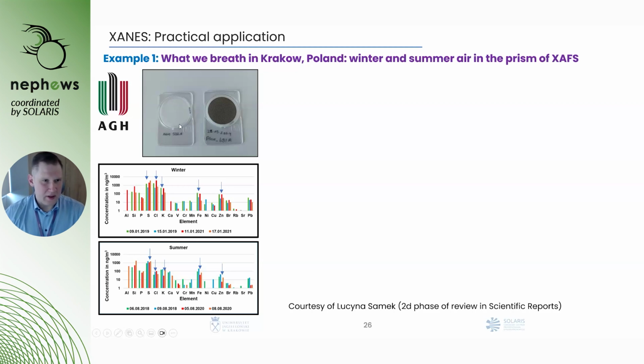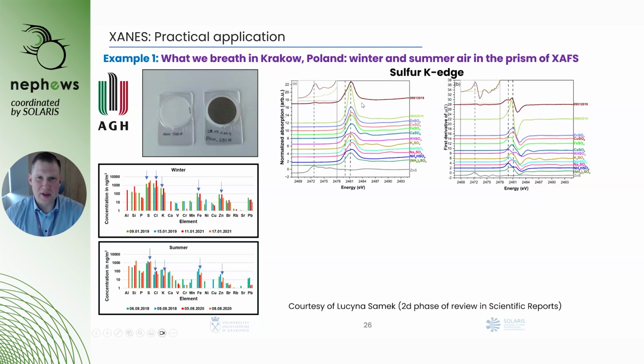This white filter was placed on the roof of an AGH University building in the morning, and that's how the filter looks in the evening. The researchers investigated the elemental composition of the dust, and then they came to the synchrotron and measured X-ray absorption spectra of these filters at the sulfur K-edge.